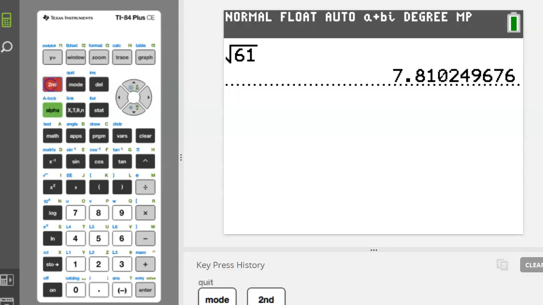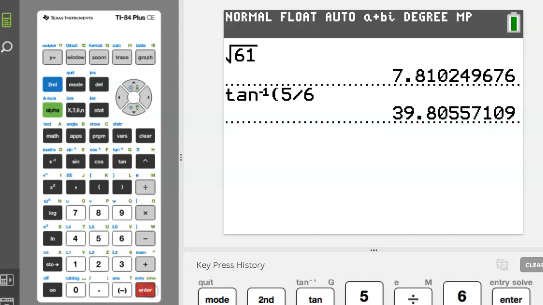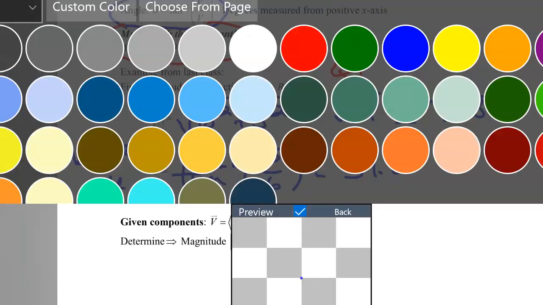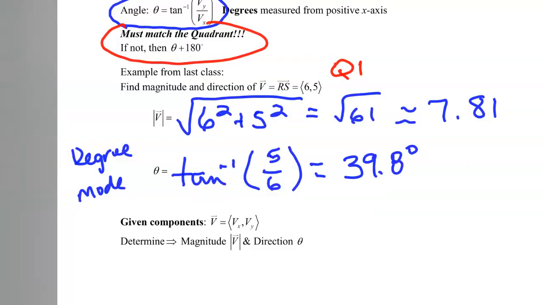I'm going to do inverse tangent of 5 divided by 6, and I put this in the calculator, I got 39.8 degrees. And 39.8 degrees is in Q1, and my vector 6, 5 is in Q1, so they do match.